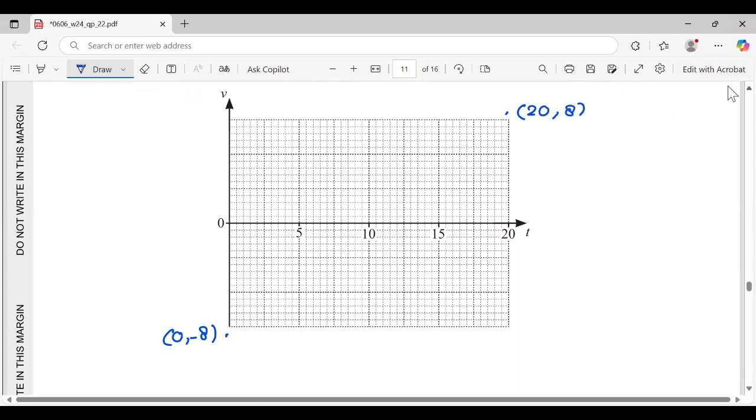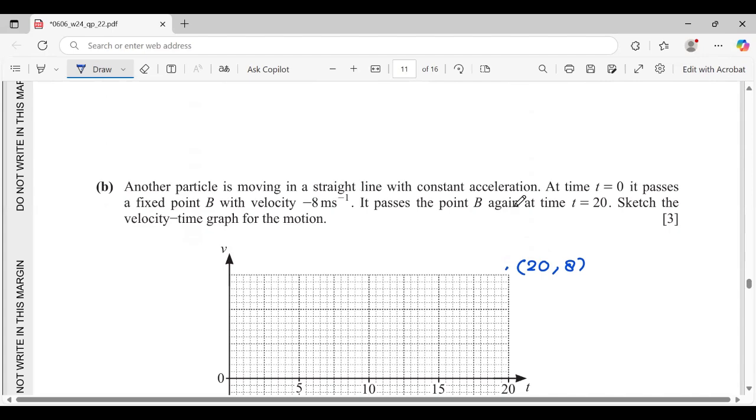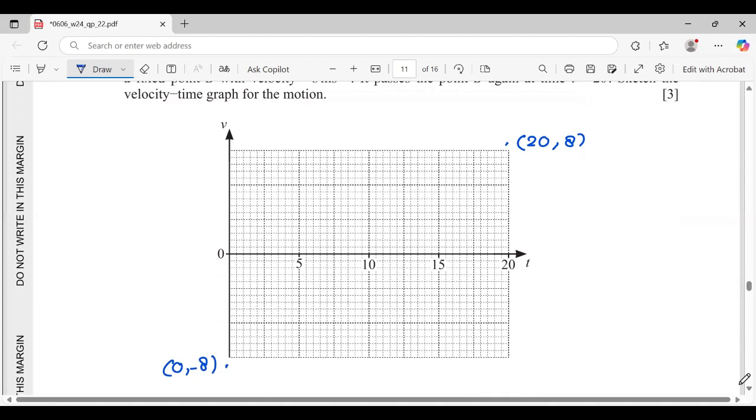If you look at this question, after that, if you sketch a straight line from this corner point to this corner point with a ruler, it will automatically pass through the point 10, 0. Okay, that is the straight line.